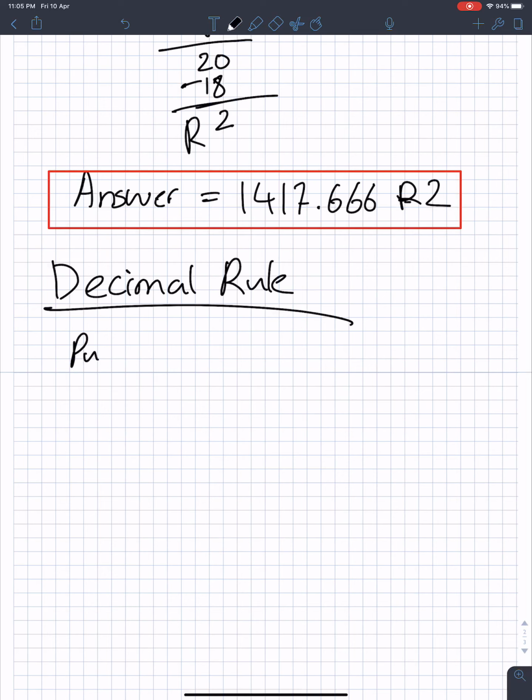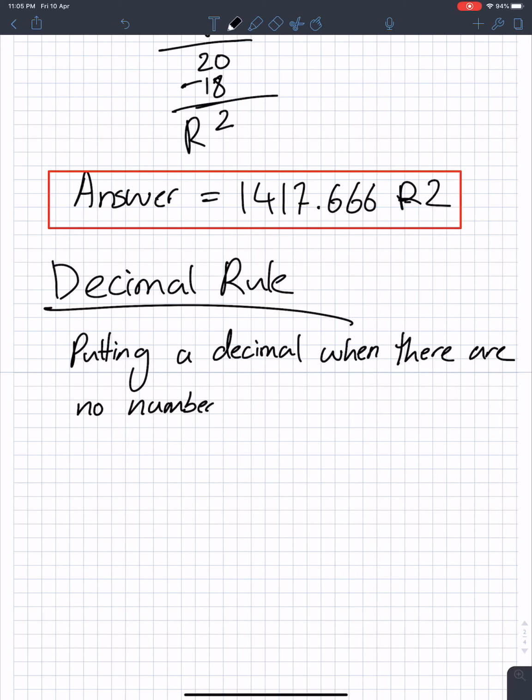So putting a decimal point when there are no numbers left allows us to use 3 extra zeros, right?